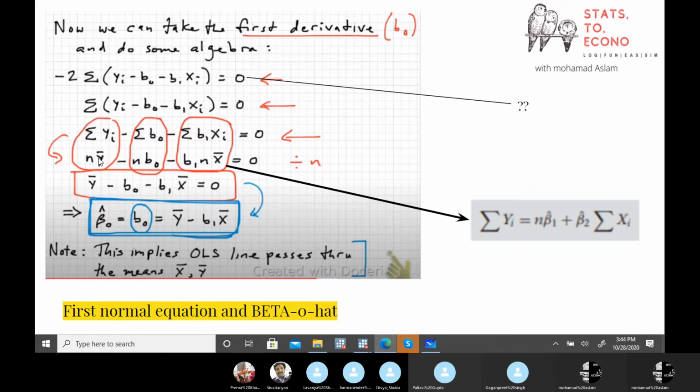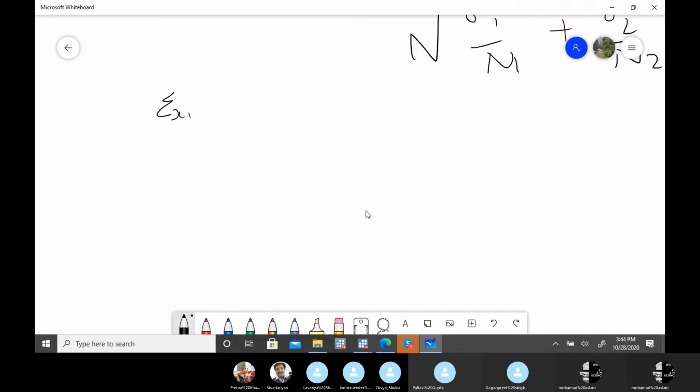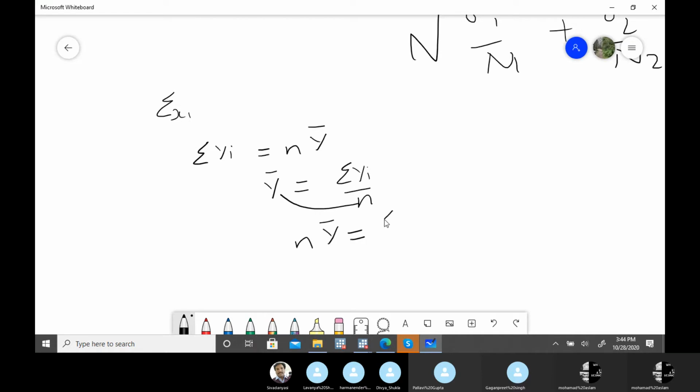In place of summation yi, we can replace it with n times y mean. Why? Because y mean is equal to summation yi upon n, so if I take n to this side, n y mean equals summation yi. Just keep this in mind.